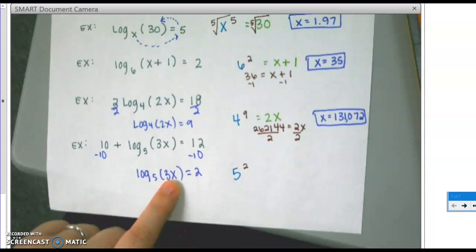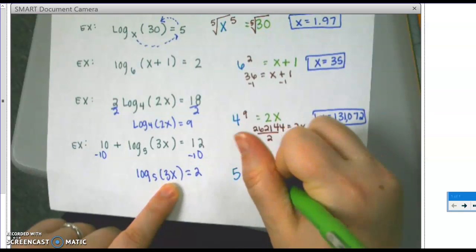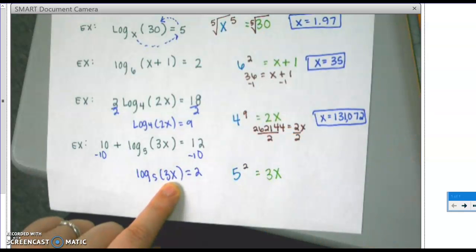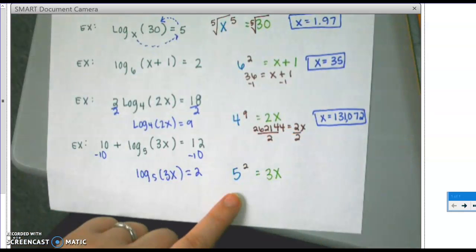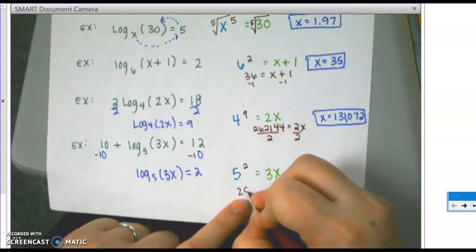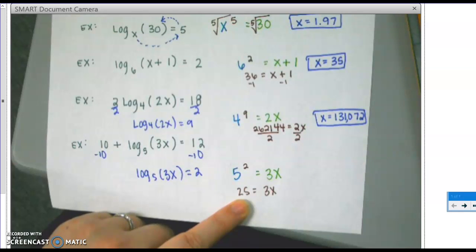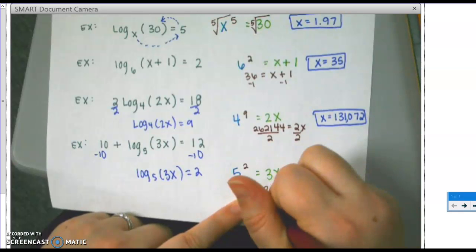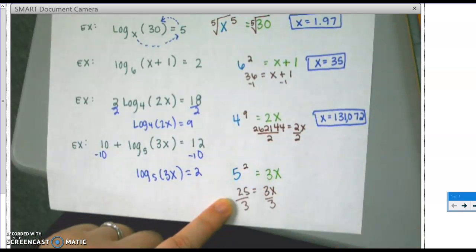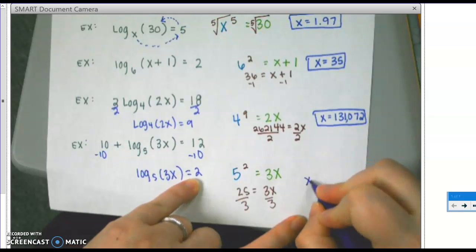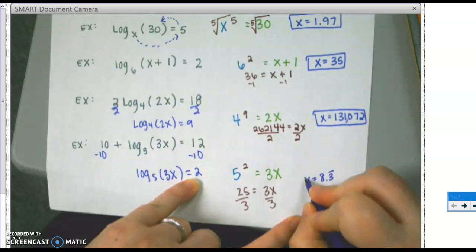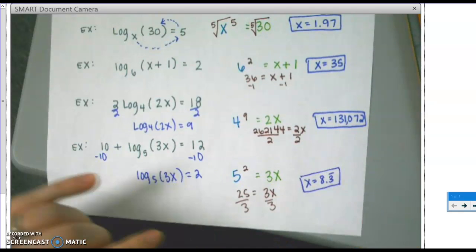And then this has to equal 3x. So 5 squared is 25. Divide by 3. So that's 8.33. 8.3 repeating.